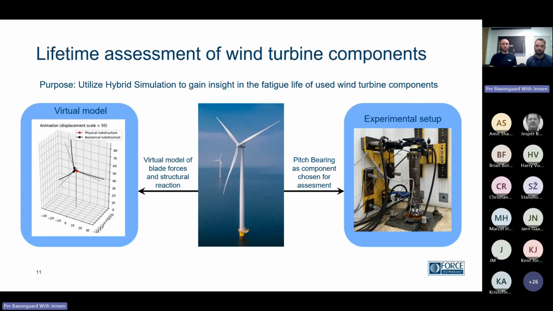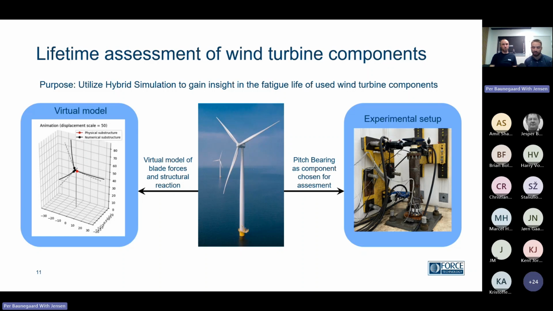Another way is that we say we have some key components of this wind turbine, and we have a hard time modeling these, or we want some specific information from these. So we focus the physical part of our lifetime assessment on these components, and then we model the rest of the wind turbine.